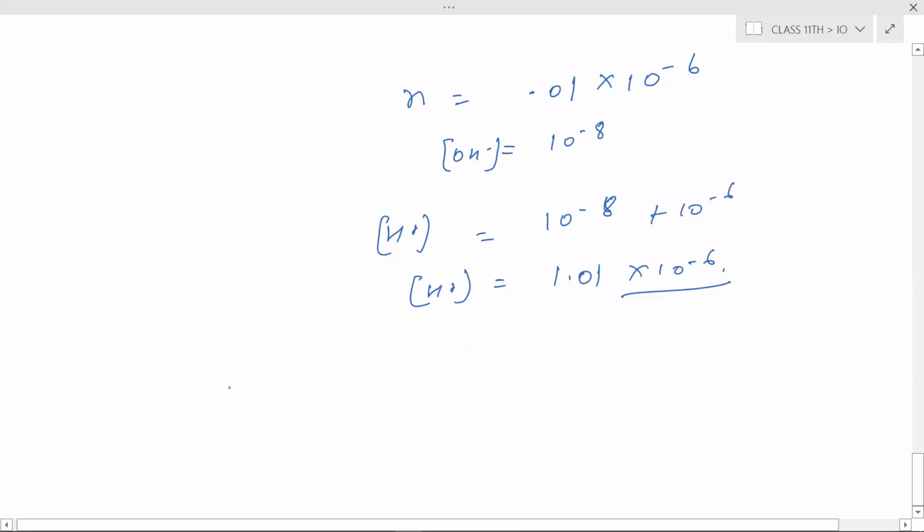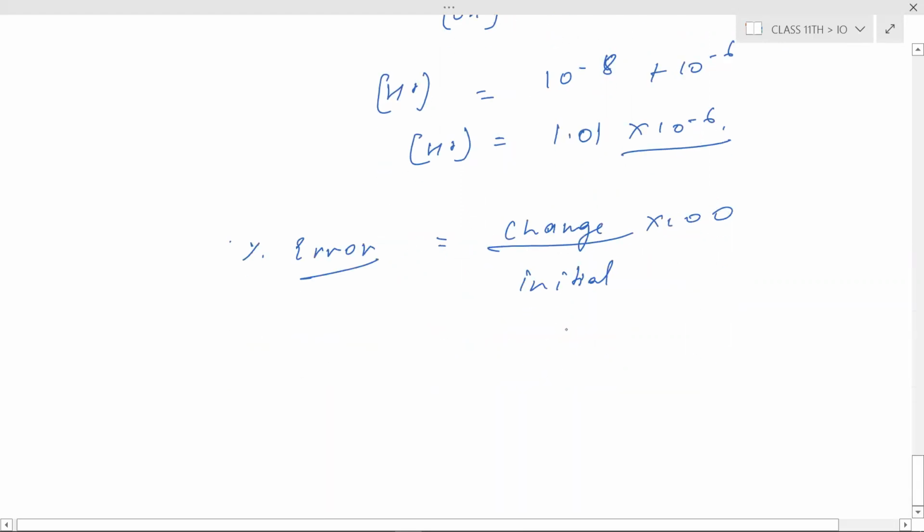Now, for calculating the percentage error, if you calculate the percentage error in the above problem, it will be equal to change upon initial multiplied by 100.